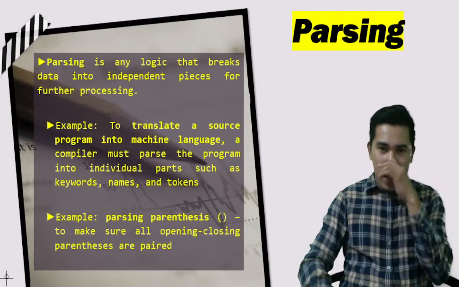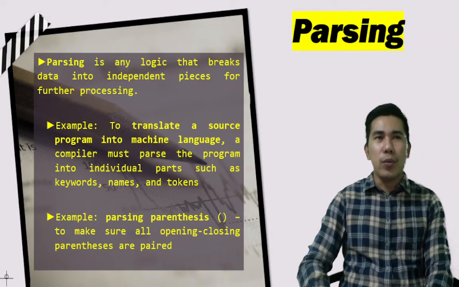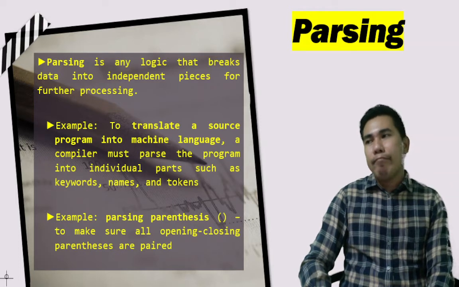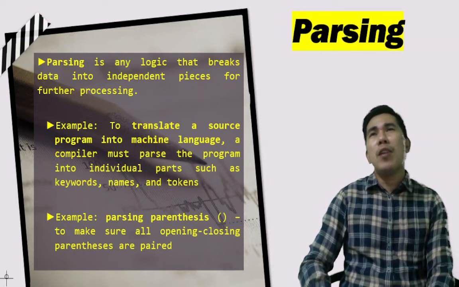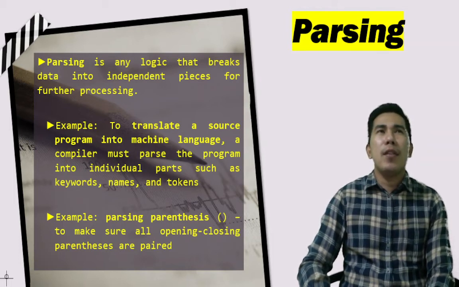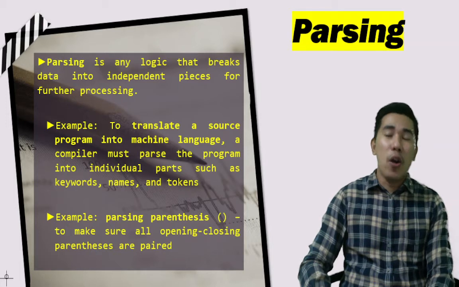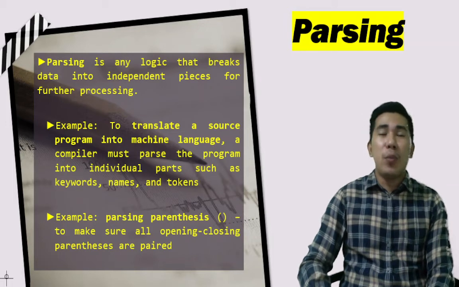Okay, another way is parsing. Now this one is most common in Java. Particularly when you enter data or a string into a JOptionPane, it's treated as an object or a string value, even if it's numeric.